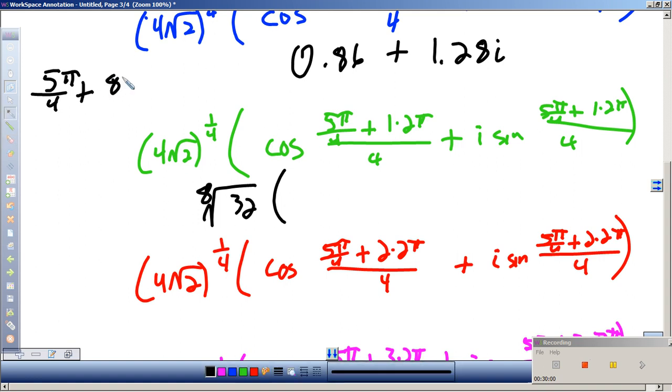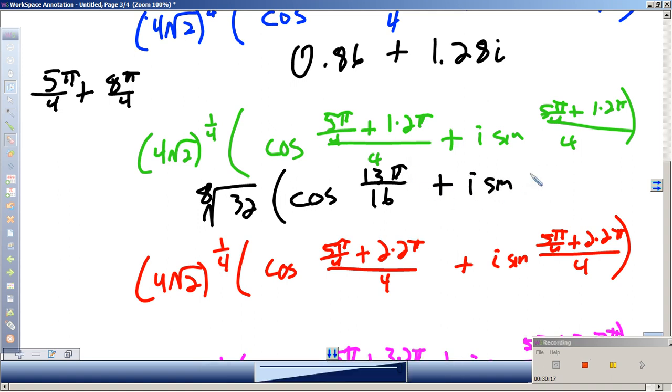So this is 8 pi over 4, 13 pi over 4, and then divide by 4, by 16, plus i sine of 13 pi over 16. So there's the decimal form, there's the exact form. And note, we could change it back and forth without issues. Actually, changing it to this form is easy, changing it back to this form would be a bit more challenging. But there's the two different ways you might see it.